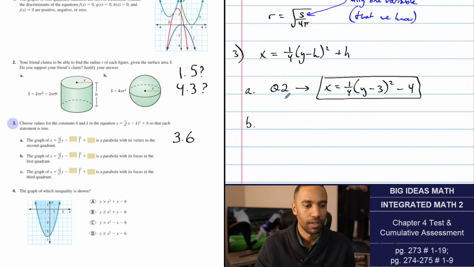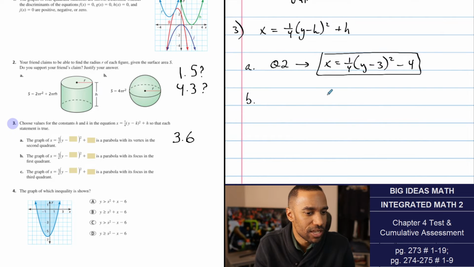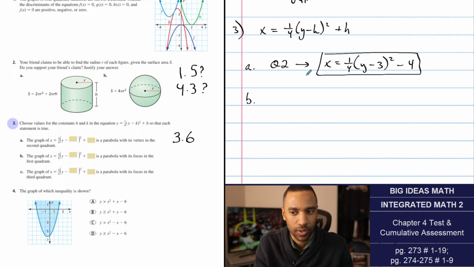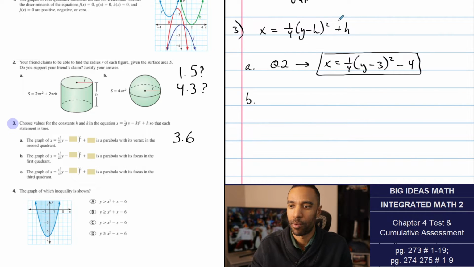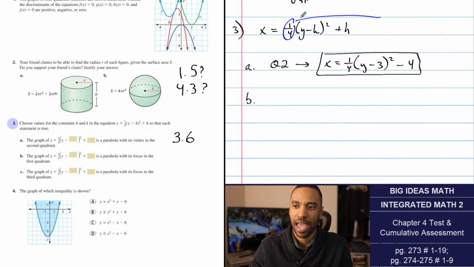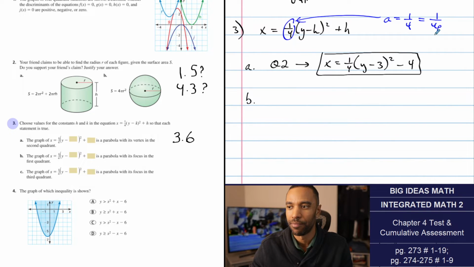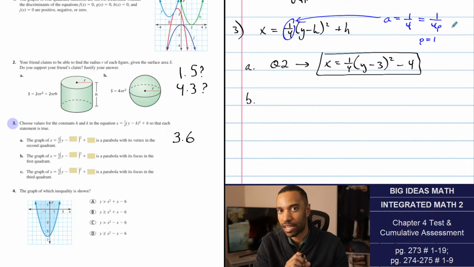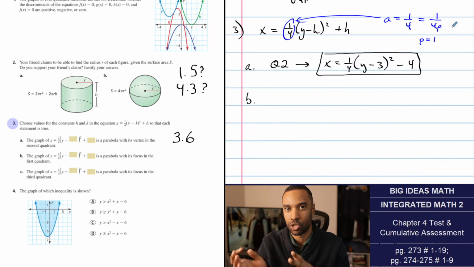Okay? Part B. These are very open-ended. Part B. The graph of this is a parabola with its focus in the first quadrant. Okay, now before I move forward on this, let's talk about this a. A is 1/4. Now the 1/4 is also a being 1 over 4p. Therefore, p is 1. P is the distance from the vertex to the focus and the vertex to the directrix.